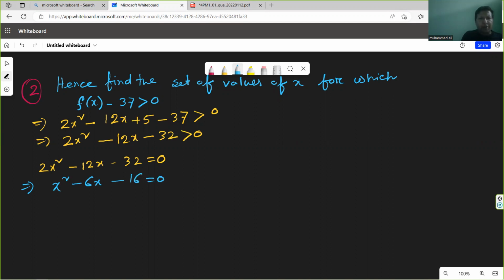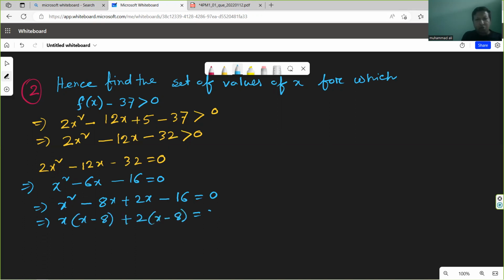Now we will do the factorization. x squared minus 8x plus 2x minus 16 equals 0. Take x common: x times x minus 8, plus 2 common, x minus 8, equals 0. After that, x minus 8 times x plus 2 equals 0.